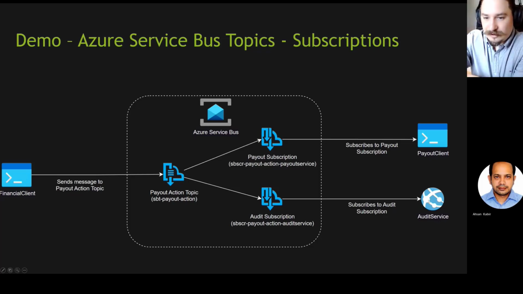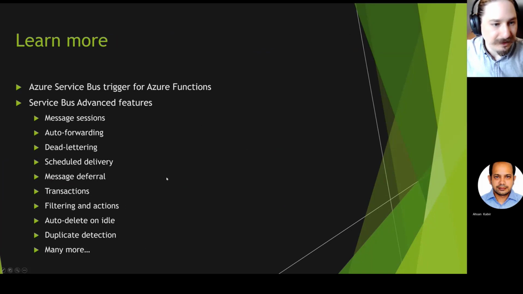And when switched off or switching on, it got the messages. So that was a very simple implementation and scenario. There are many more that you can do with Service Bus topics.